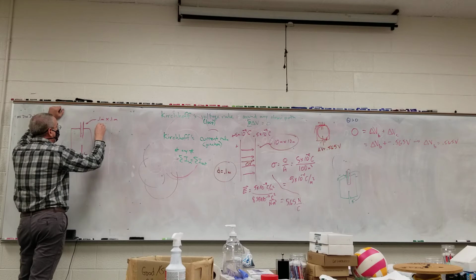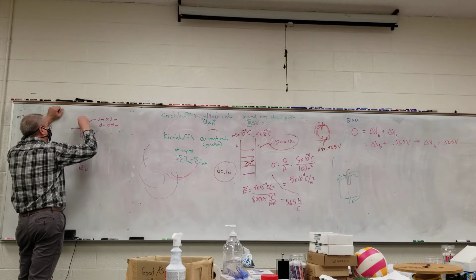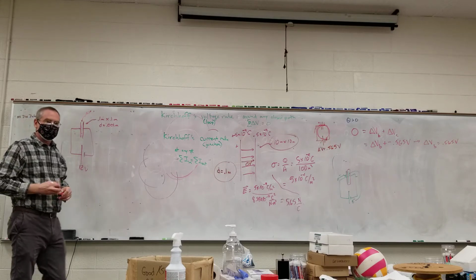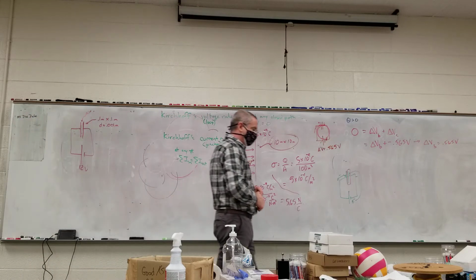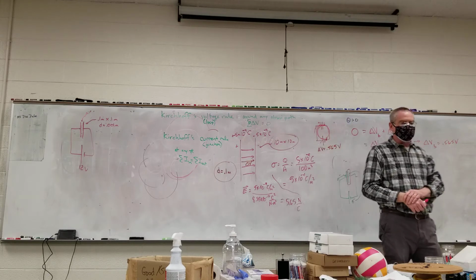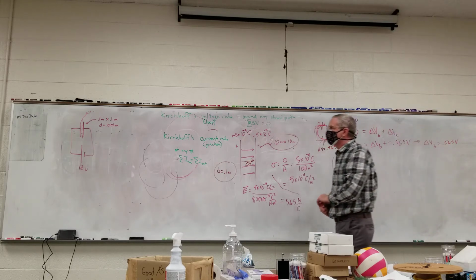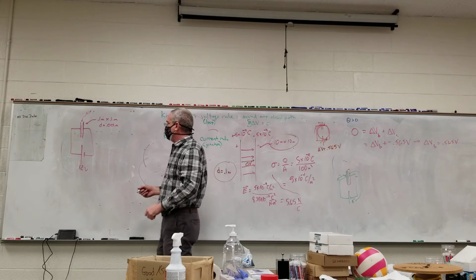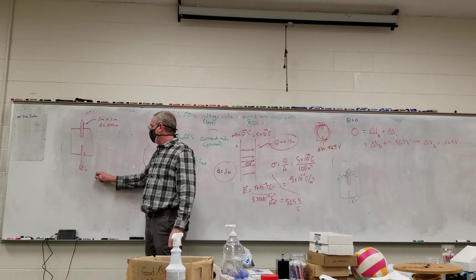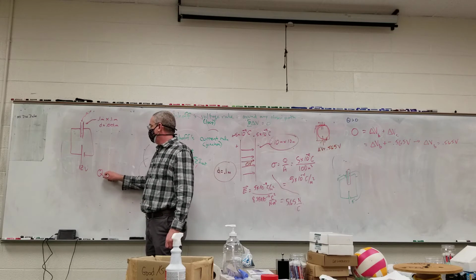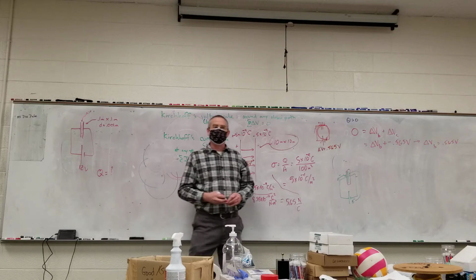And let's make the distance between the plates 0.001 meters. And inside here, we'll just assume it's air, which is close enough to free space. What I want to know is, what is the charge on the positive plate?